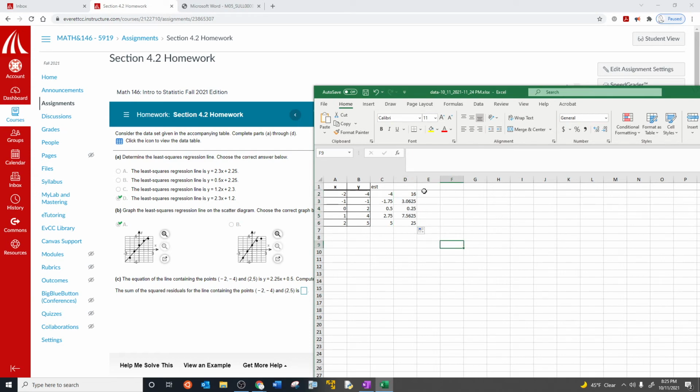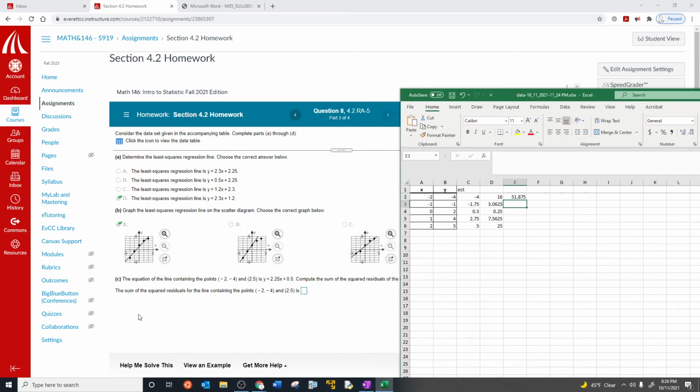And now we'll take the sum of this column, equals sum, and I got 51.875.